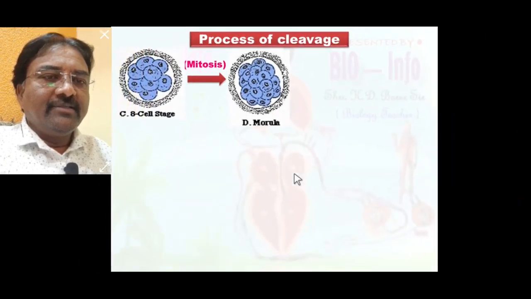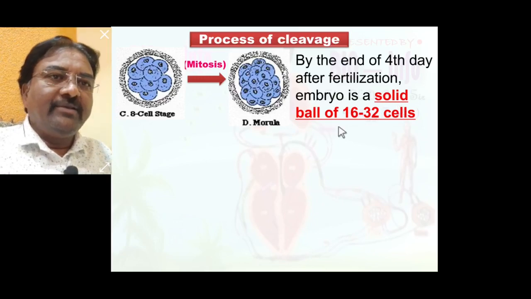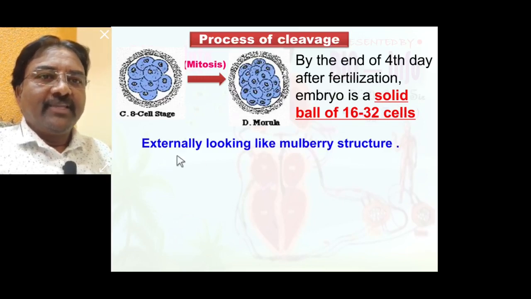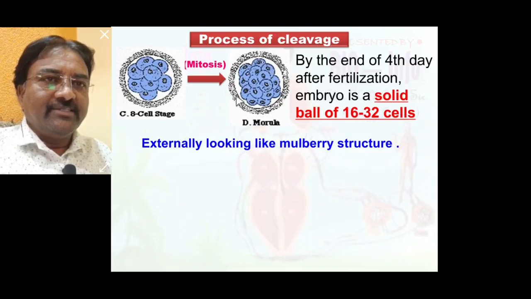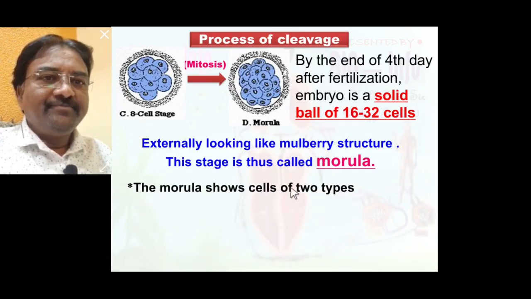By the end of the 4th day after fertilization, the embryo is a solid ball-like structure of 16 to 32 cells, externally looking like a mulberry. This stage is called the morula.